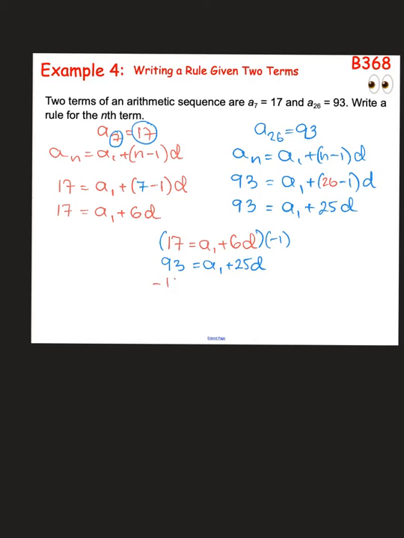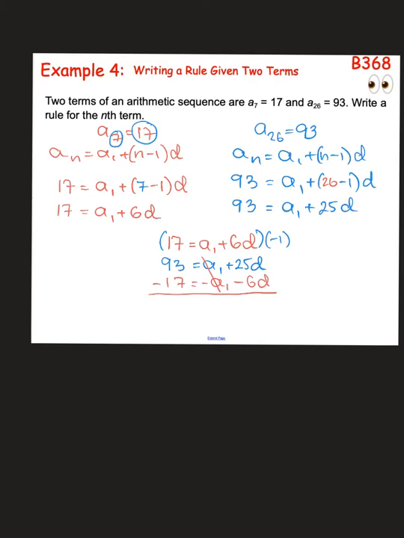So negative 17 will equal negative a sub 1 minus 6 times the common difference. Now I'm going to add the two equations to eliminate the first term. So the a sub 1's eliminate.